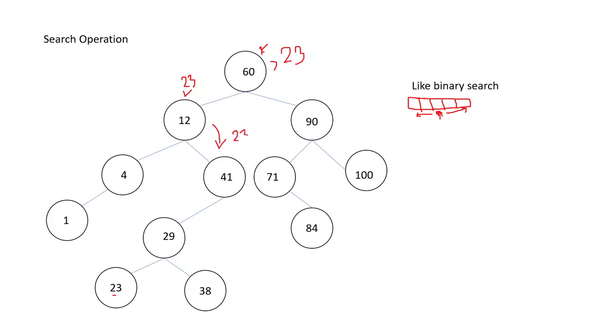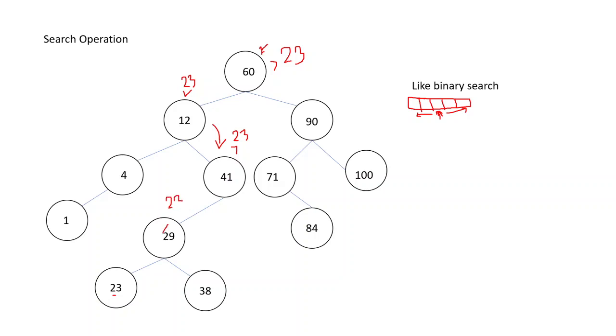So when you compare 23 and 41, 23 is less than 41. So therefore you know that now you will have to track the left child node of this node containing the value 41. So left child node of 41 is this node, and this contains a value 29.